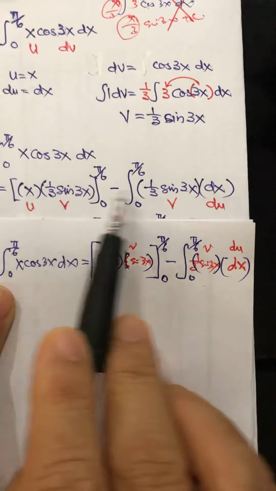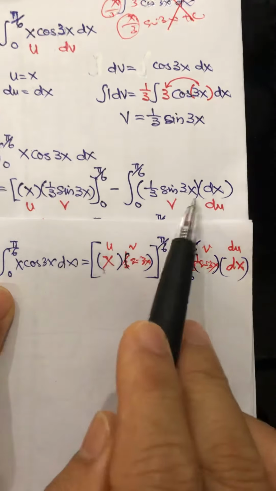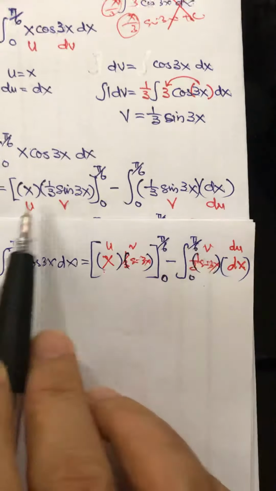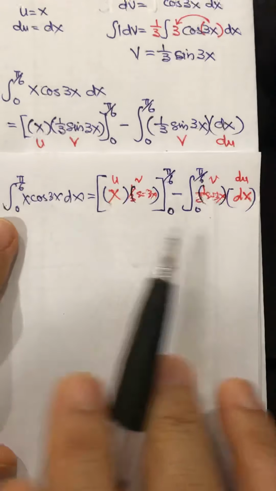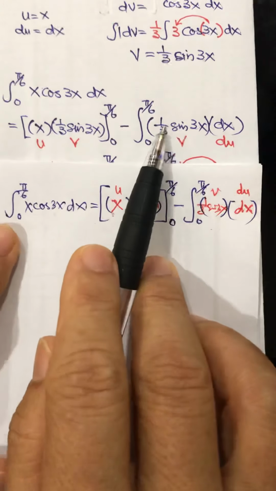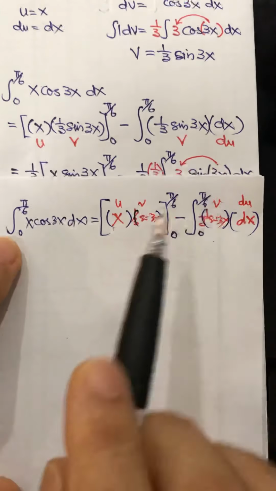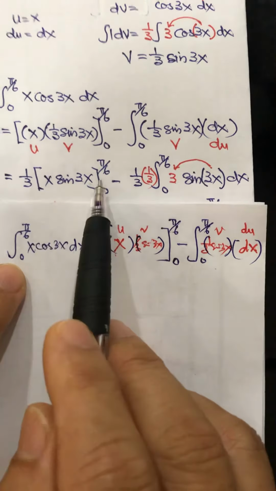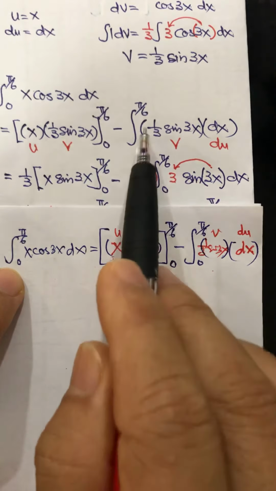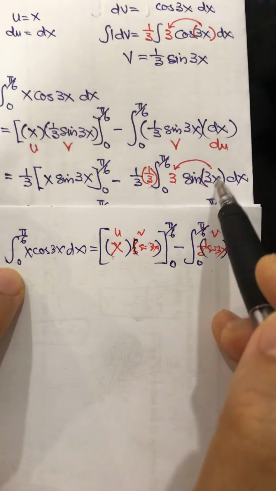So actually all these I put the bracket first, then only I fill in. I encourage you to do like this, because you are a first-time learner, so you have to do like this. After that, 1/3 you can take out, and then here you get 1/3 as well, like just now, because I want to integrate this.